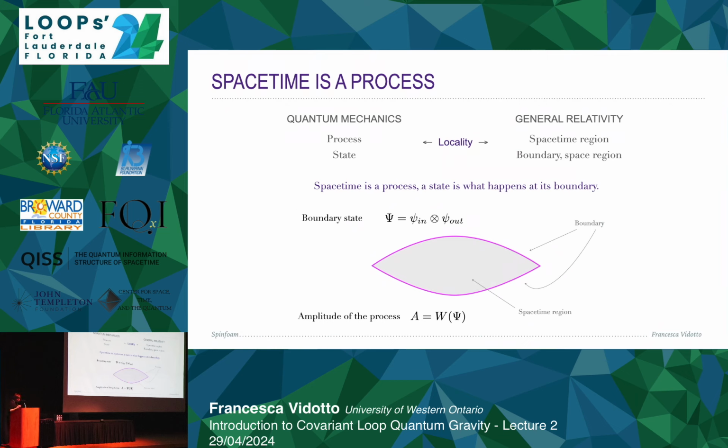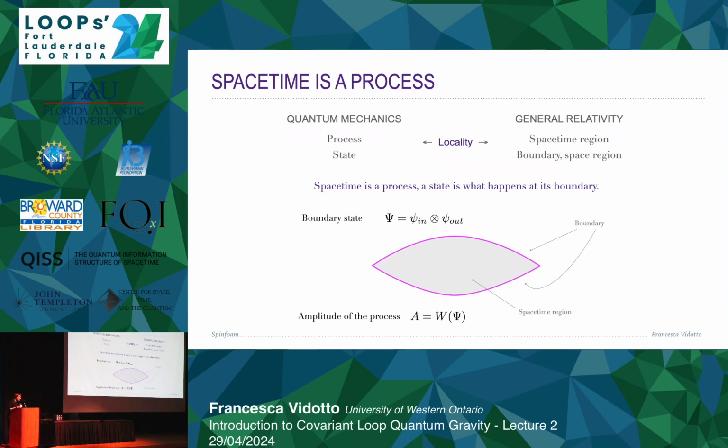And somehow I wanted to make a description of local physics. Local, again, in the sense of quantum mechanics, because I have processes, interactions, and so on. But the magic here is that my process, my interaction in quantum general relativity, is space-time itself.